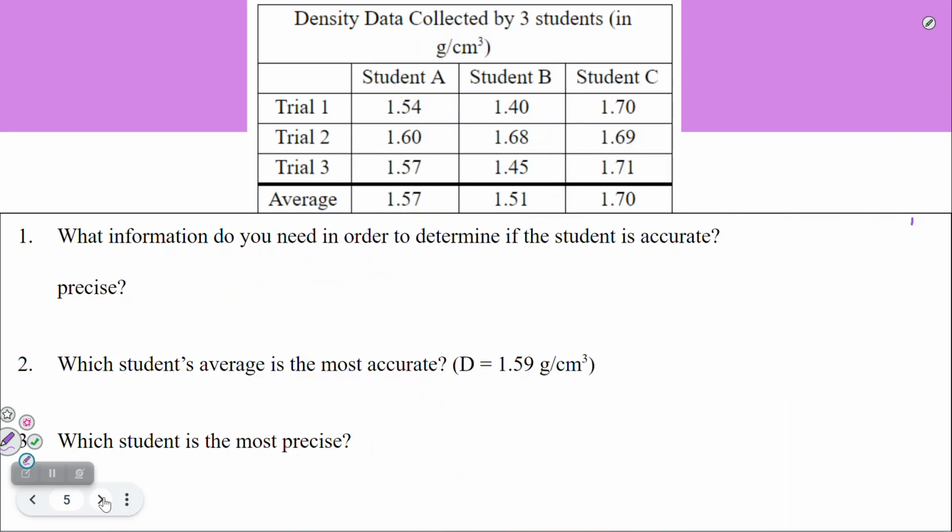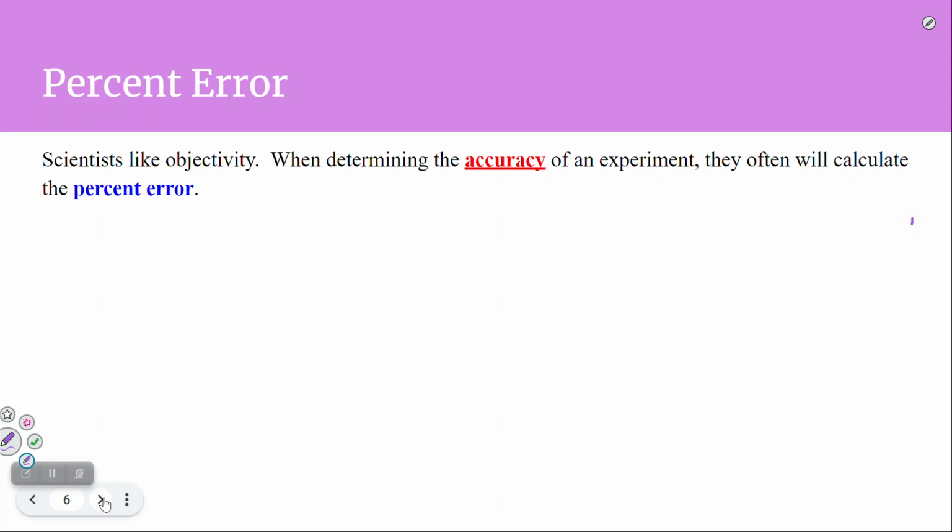Next we're going to talk about percent error, because scientists like to be objective, meaning they like to report with numbers. We don't say, oh, it's close, oh, it looks like it's good. We like to be able to quantify stuff. So when determining accuracy, we can report how accurate a measurement is by expressing its percent error.